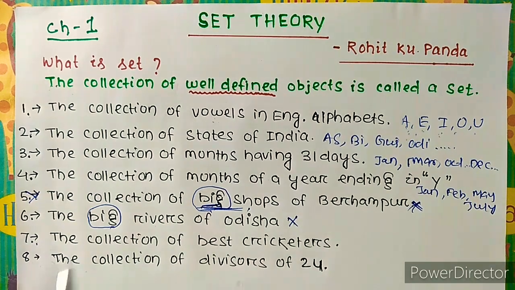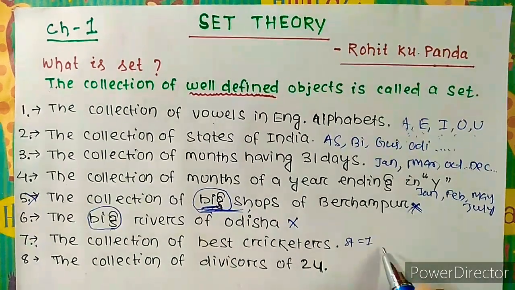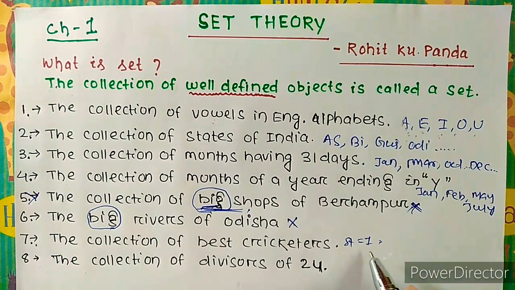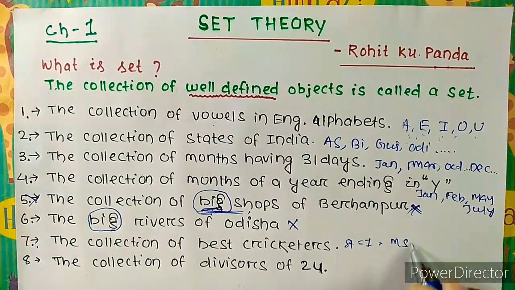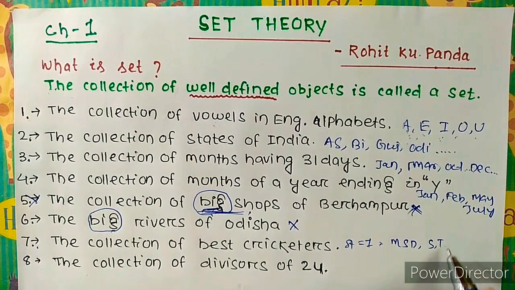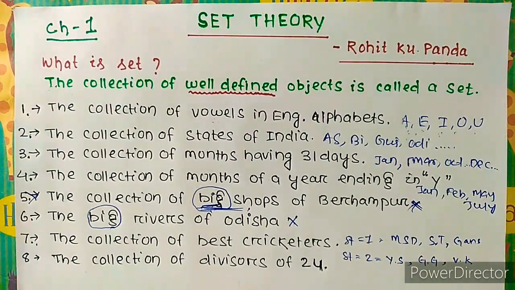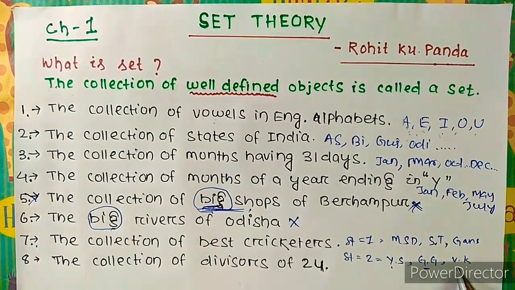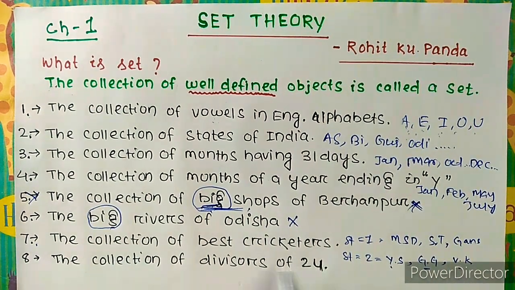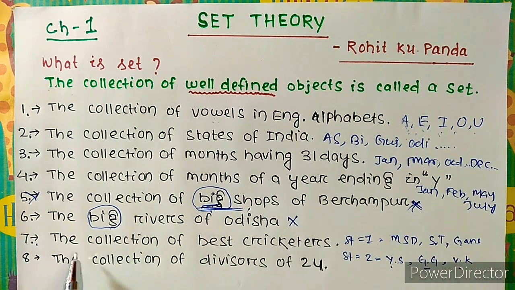And the next one, number 7, is the collection of the best cricketers. While giving the answer, if student 1 says that the best cricketers are Mahendra Singh Dhoni, Sachin Tendulkar and Ganguly, but the second student says that the best cricketers are Yuvraj Singh, Gautam Gambhir and Virat Kohli, then obviously this collection of the best cricketers will not be a set.